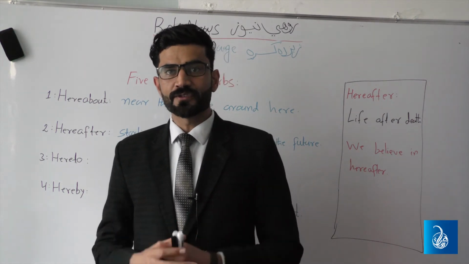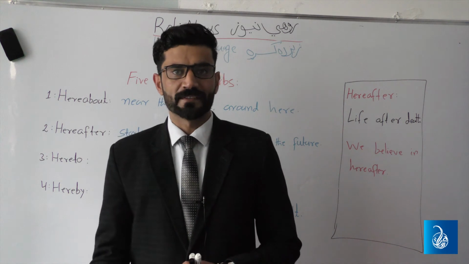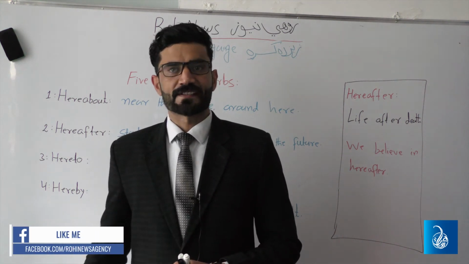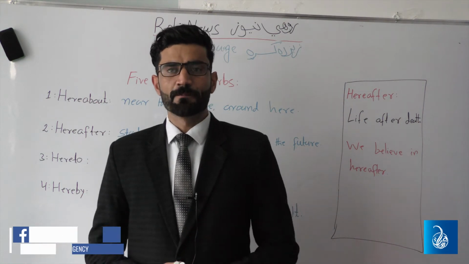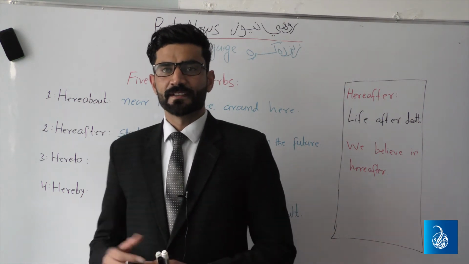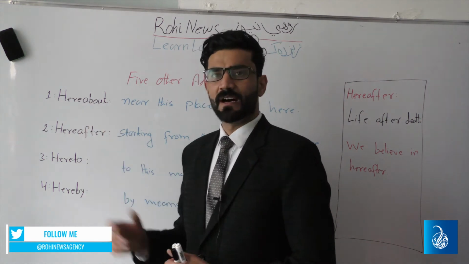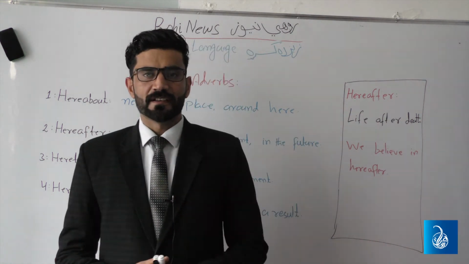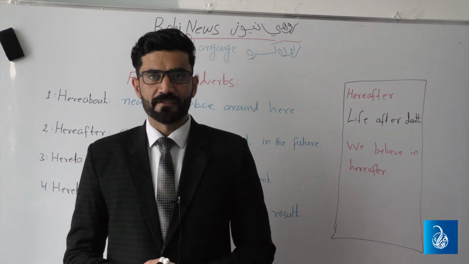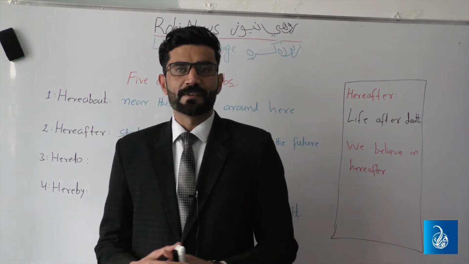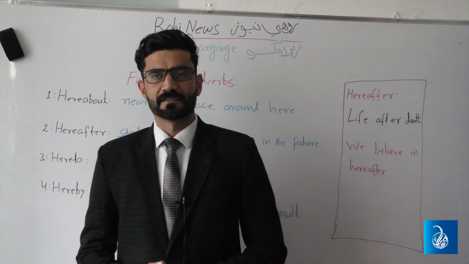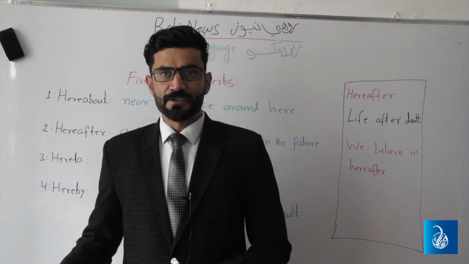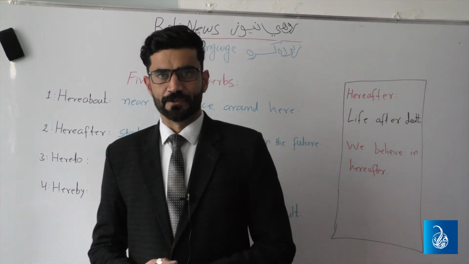So if you want to talk about someone or something near you, in the surround or around you, you can use this adverb hereabout in your sentences. For example, if I make a sentence, we can say, I was waiting hereabout. It means that around you, I was waiting you.